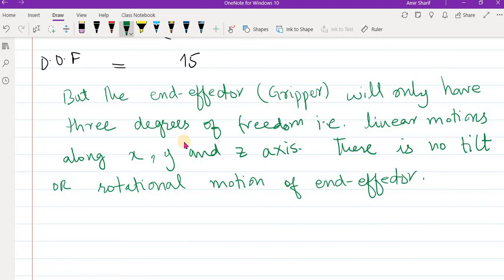So it means that if the robot has 15 degrees of freedom but your end effector only has 3 degrees of freedom, where are the other degrees of freedom? Where are they going?